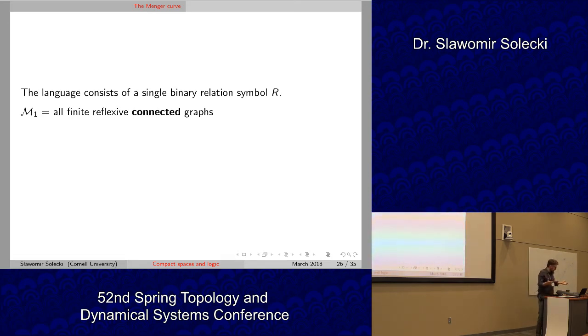These classes are sometimes easier, sometimes more difficult. So for the Menger curve, you take all reflexive connected graphs. What I mean by it is a finite graph, with a symmetric relation, but we not only allow loops, we insist on loops. So every point has a loop. And we want these graphs to be connected.